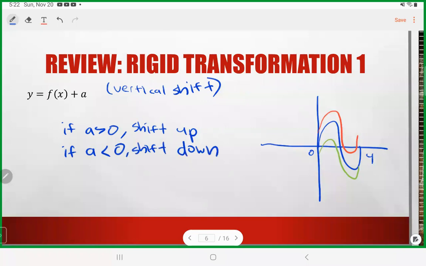And of course, if a is 0, nothing happens. So basically, negative is down, positive is up. It's quite self-explanatory, what you would expect. You don't expect it to be positive and shift down, or negative and shift up.